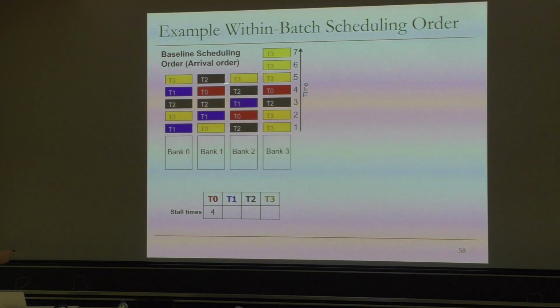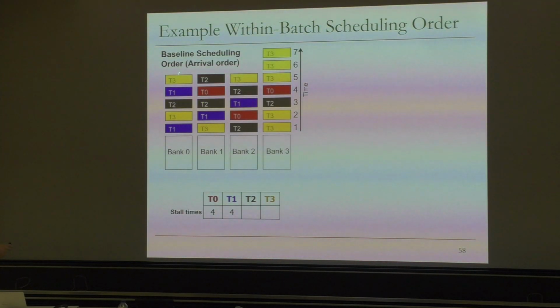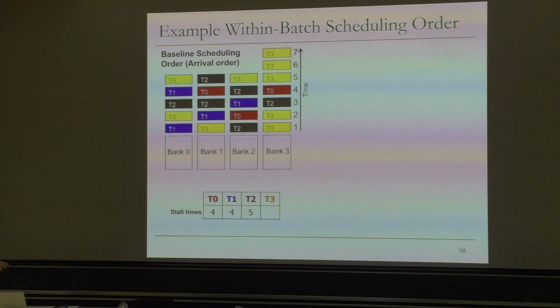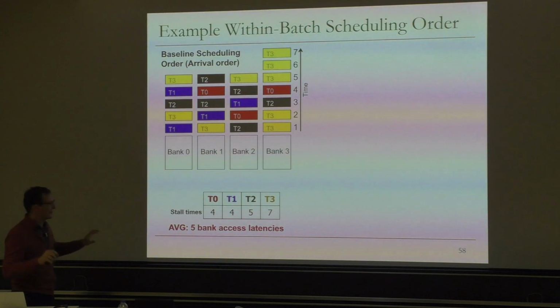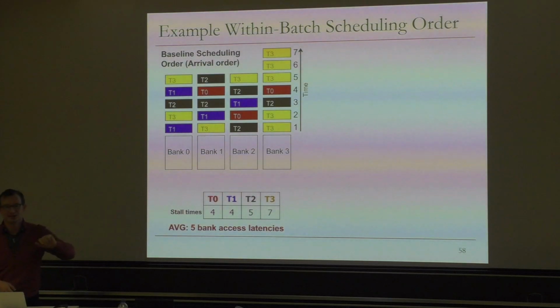Thread 1, you do the same thing. The last request of thread 1 is serviced after time 4. Thread 2, you do the same thing. The last request is serviced after time 5. And thread 3, you do the same thing. The last request of thread 3 is serviced after time 7. So you get a pretty high stall time. If you average all of those, and that correlates with your progress throughput, you get 5 bank access latencies.